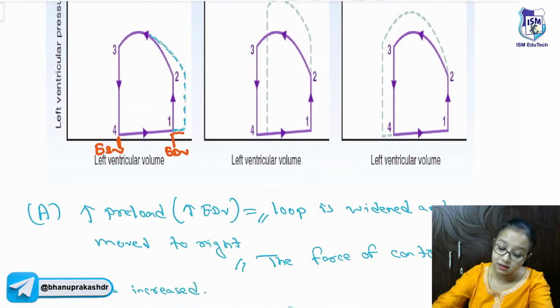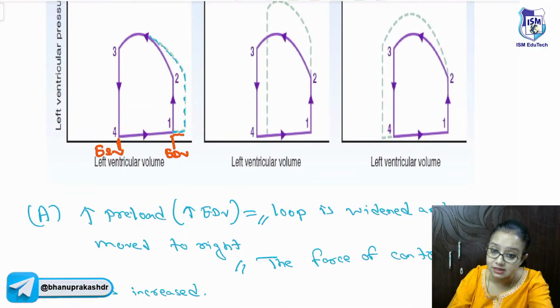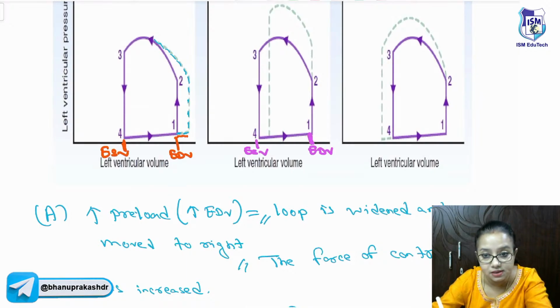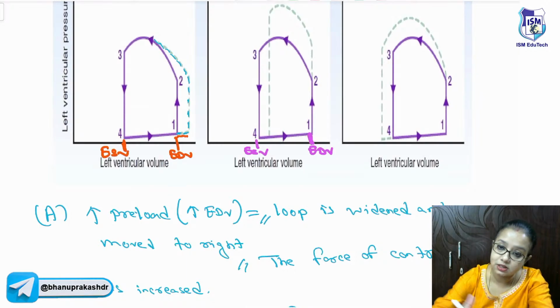So, when the peripheral resistance has increased, this is our end systolic volume and this is our end diastolic volume. The end diastolic volume is the same as normal. Now, since the total peripheral resistance has increased, the afterload has increased, the loop has moved up.